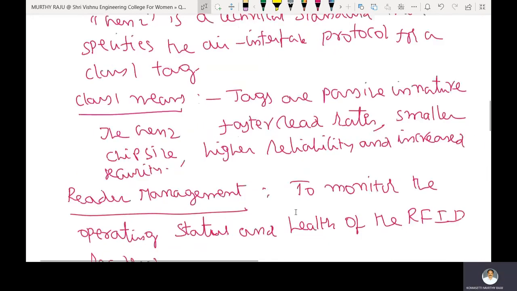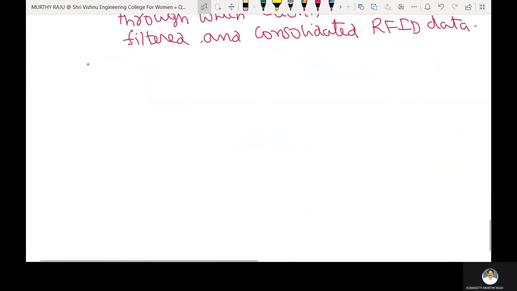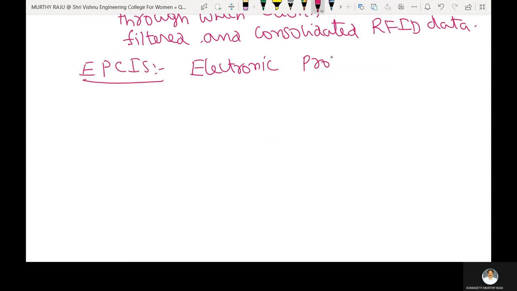Next, EPCIS. The next important information incorporated with that structure is EPCIS, Electronic Product Code Information Service.